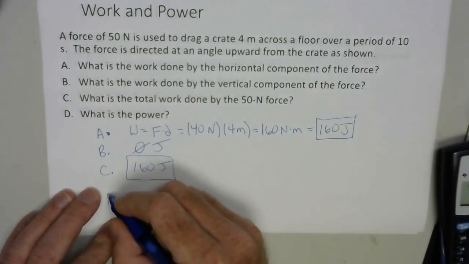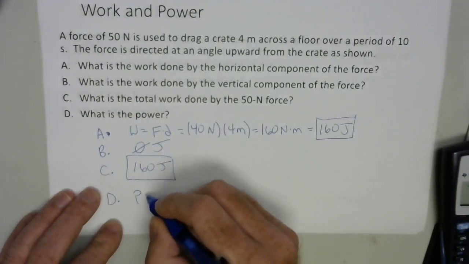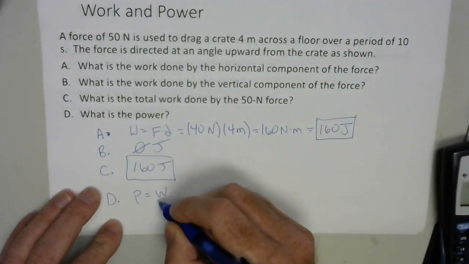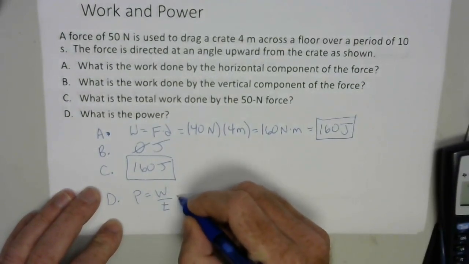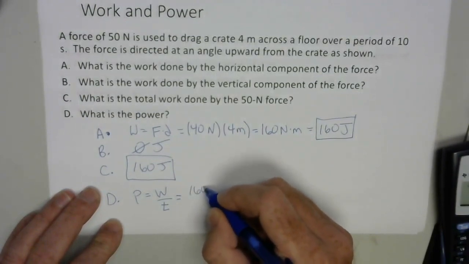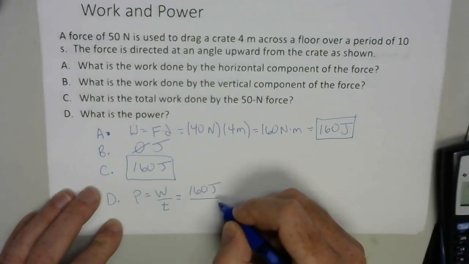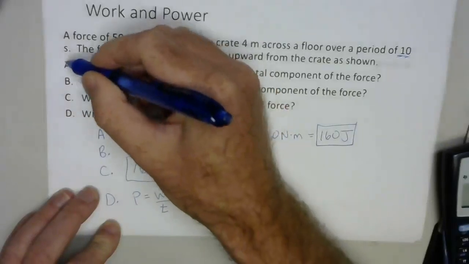What's the power? Power is how fast you're doing work. So power is work divided by time. So it's 160 joules divided by the 10-second time.